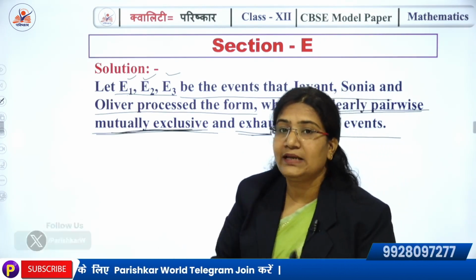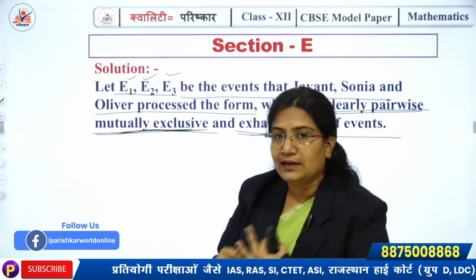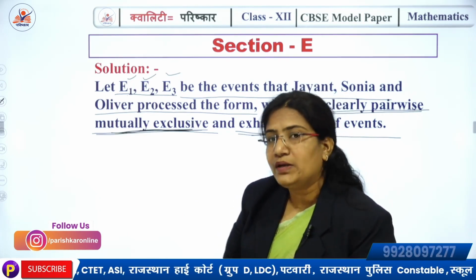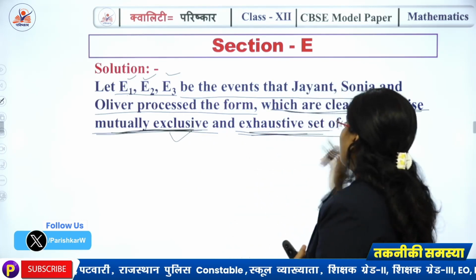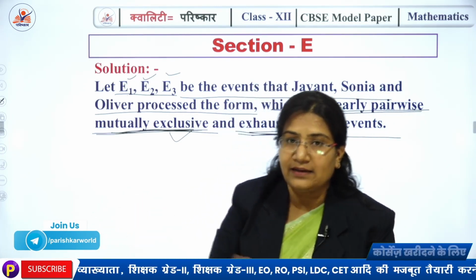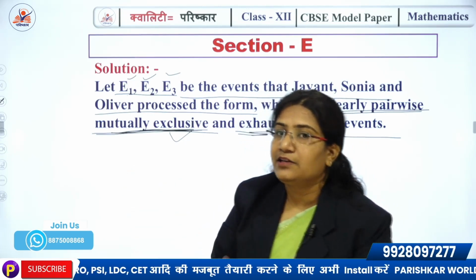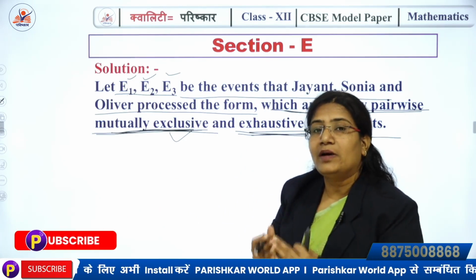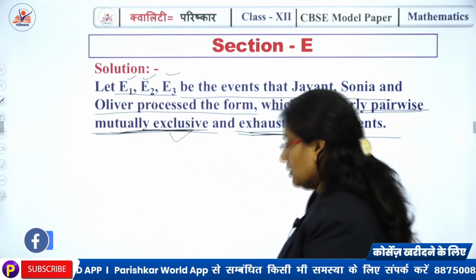Of course, अगर सोनिया ने, जयंत ने और ऑलिवर ने तीनों ने कुछ फॉर्म्स को प्रोसेस किया है तो तीनों ने अलग अलग फॉर्म प्रोसेस किए हैं, सेम नहीं किए हैं, तो उनके बीच में कोई भी फॉर्म्स कॉमन नहीं है, तो म्यूचुअली एक्सक्लूसिव भी हो गया और एग्जॉस्टिव इवेंट्स भी हैं ये. क्यों? अगर हम तीनों का यूनियन लेंगे, अगर हम तीनों का ऐड कर देंगे, क्योंकि सोनिया ने अलग फॉर्म प्रोसेस किए हैं, ऑलिवर ने अलग किए और जयंत ने अलग फॉर्म्स को प्रोसेस किया है, तो तीनों को जब हम ऐड करेंगे तो हमारे पास अगेन टोटल फॉर्म्स आ जाएंगे, तो ये एग्जॉस्टिव इवेंट्स भी है.